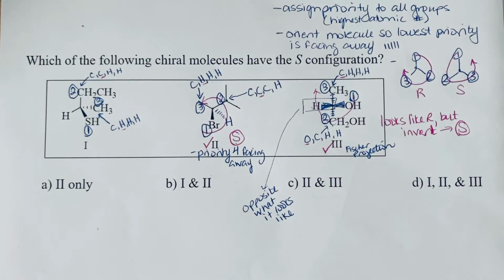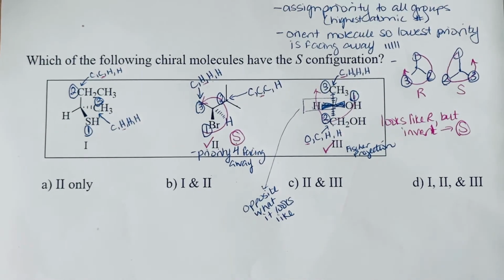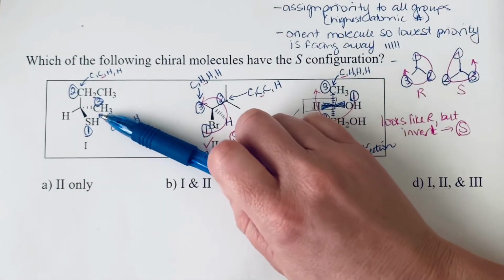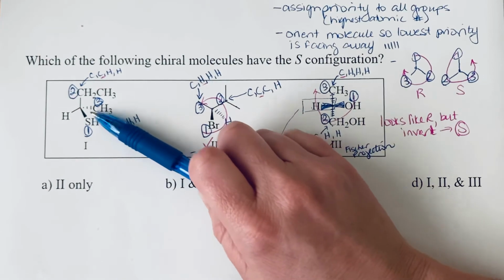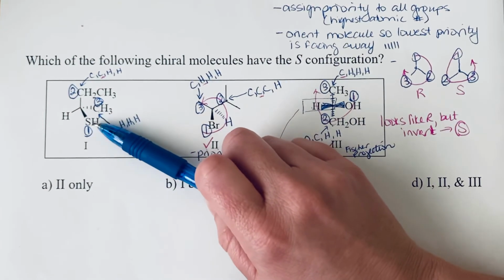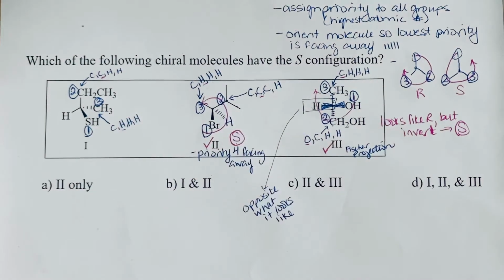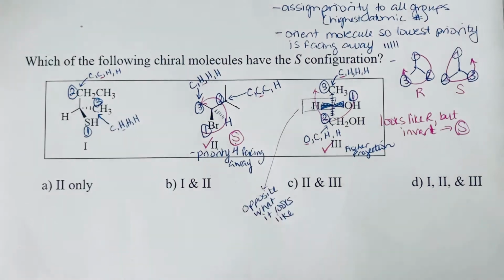Now, where you go from here to solve it, there's quite a few tricks. I'm going to show you the most foolproof one. If you're able to, you really want to be looking at it from this angle. So you might be able to imagine that you're looking here and you're going to see this clockwise rotation. But if you want it to be foolproof, you want to make sure that you redraw the molecule with that priority 4 in the back.